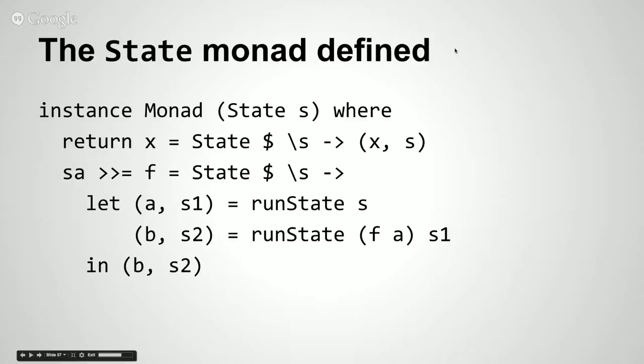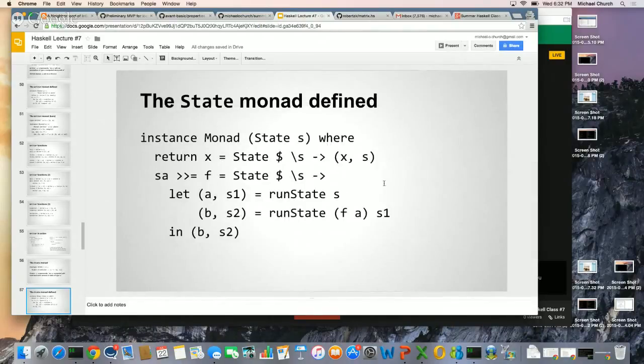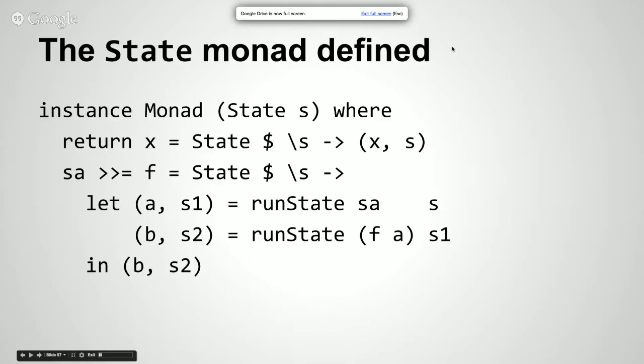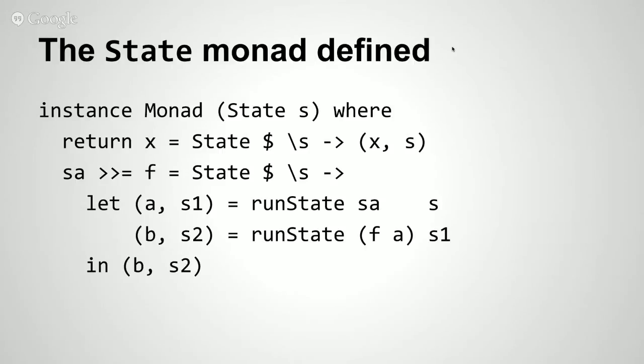First it runs the SA on the initial state, getting an A and an S1. It throws the A into the f that is being bound into.